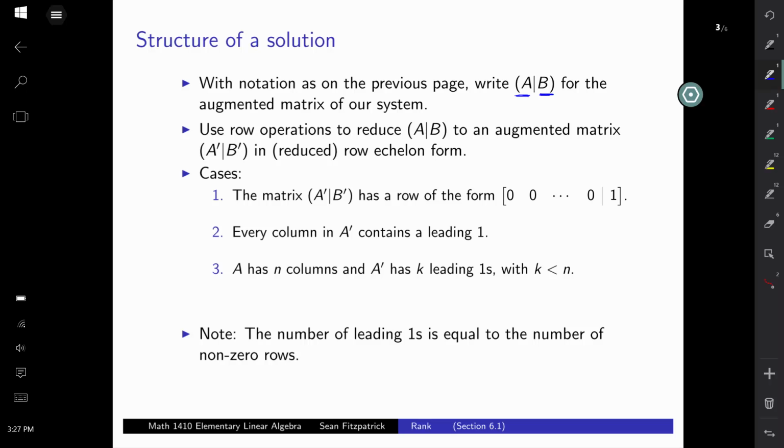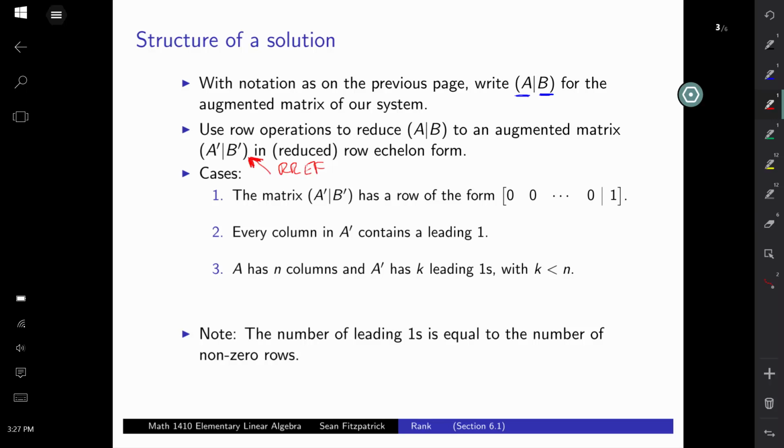The way you solve a system is you take this augmented matrix and apply the Gaussian algorithm to it, so you apply some number of row operations and simplify until you get down to row echelon form or reduced row echelon form. So we're going to assume that this A prime slash B prime is the reduced row echelon form for our system.